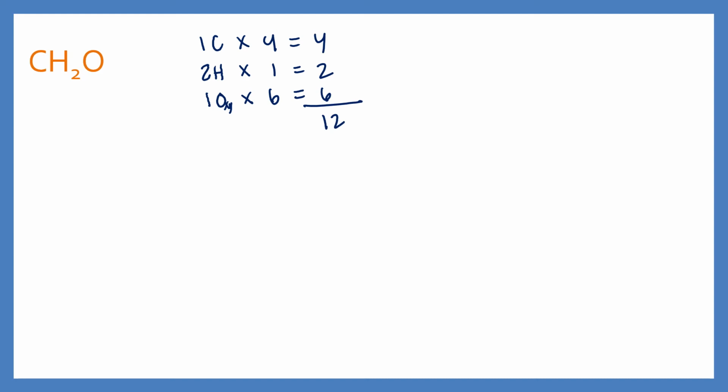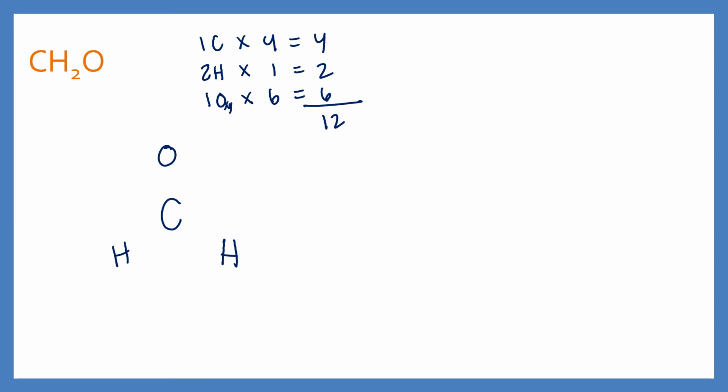So the next step is to identify our central atom. Our central atom is carbon. And then we have to arrange the other atoms around it. So we have oxygen and we have 3 hydrogens, or 2 hydrogens. Sorry, I was counting the number of things. So this is CH2O.